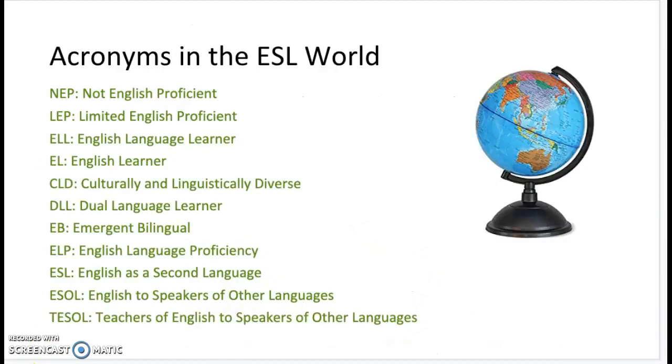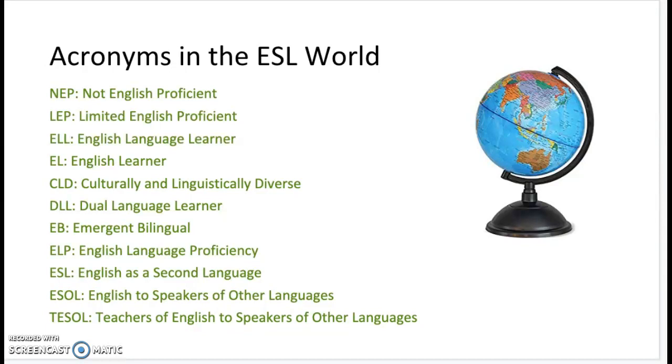I think it's extremely important for us in the ESL field to become familiar with the other terminology that is used, and you will see that not all of these terms follow an asset-based model.